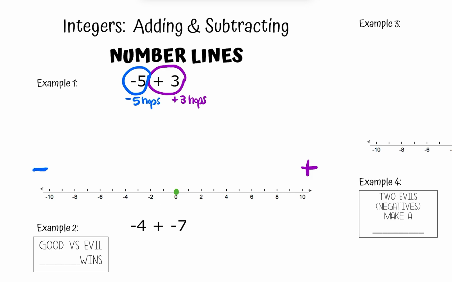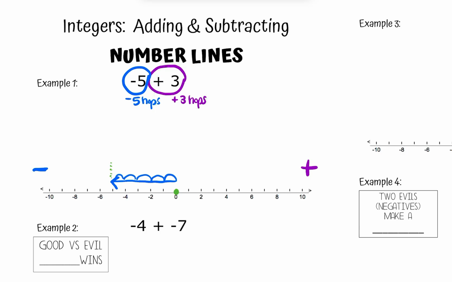All right, and so what is my first number? Because remember, order matters. So my first number is a -5 hops. So I'm going to hop -5, and I'm at 0, so I have 1, 2, 3, 4, and 5. I point my arrow in the negative direction, and again, that was 5 hops. All right, and then from there, I'm just going to go on up, and make my new line going toward the positive, and in my positive, I need to be moving +3, 3 hops, okay?